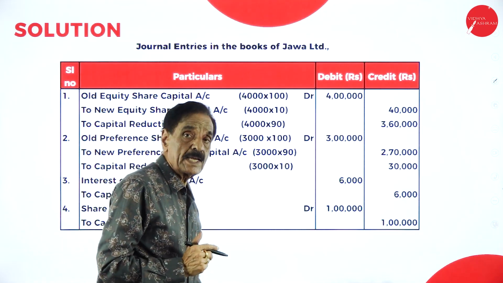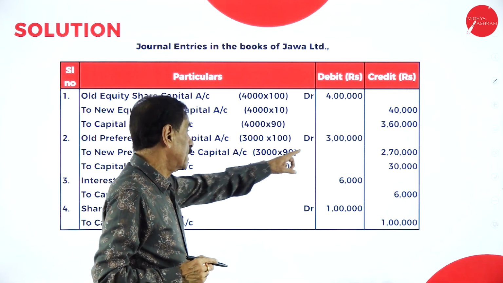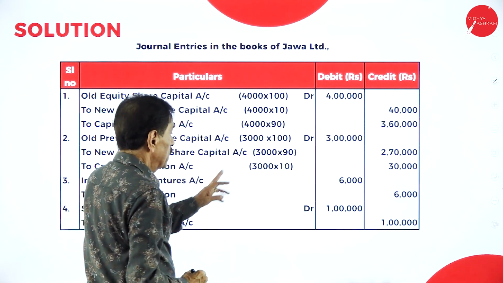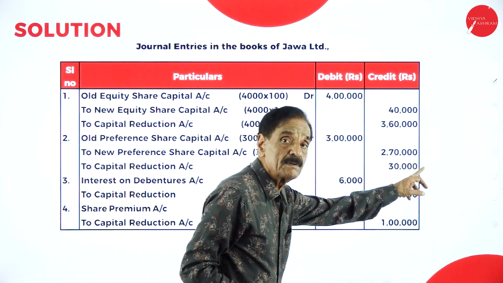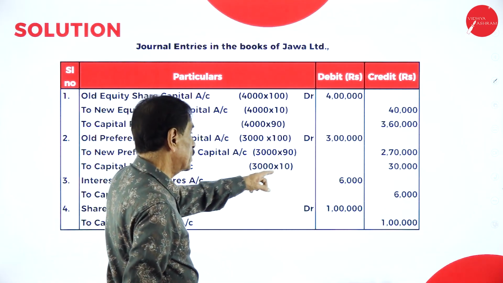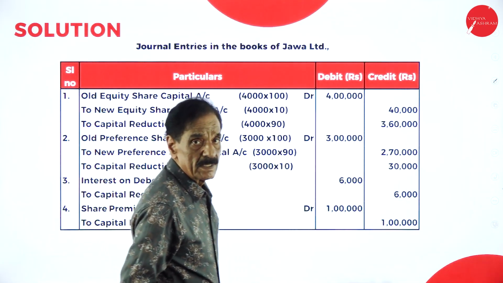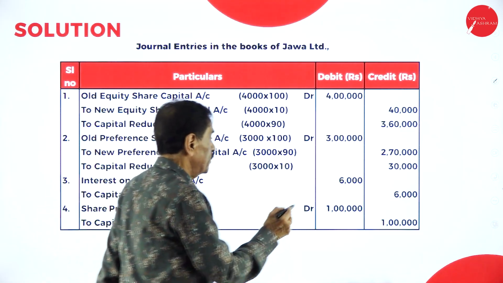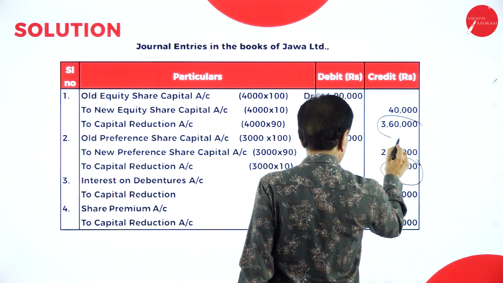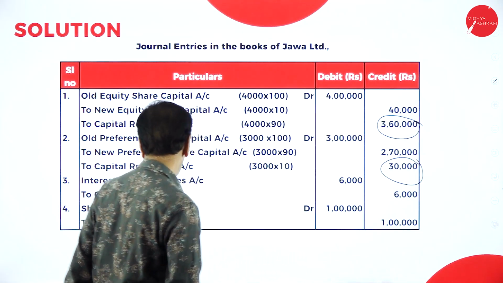Old preference share capital account debit 3,000, 3 lakh, to new preference share capital account 3 lakh into 90%, 2,70,000 retained. How much is utilized for capital reduction? 3,000 into 10, 30,000. This 30,000 is the contribution made by the preference shareholders, and 3,60,000 is made by the equity shareholders.